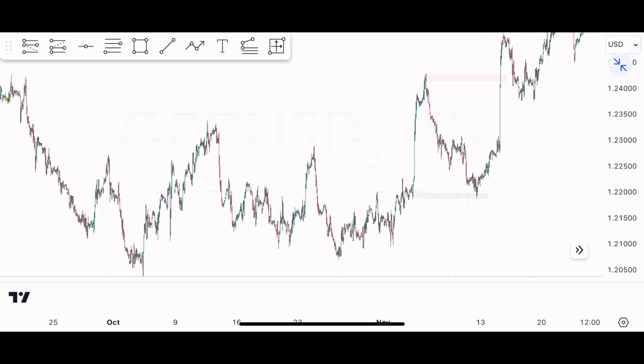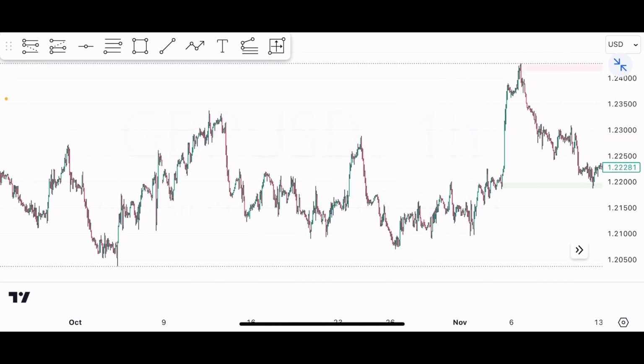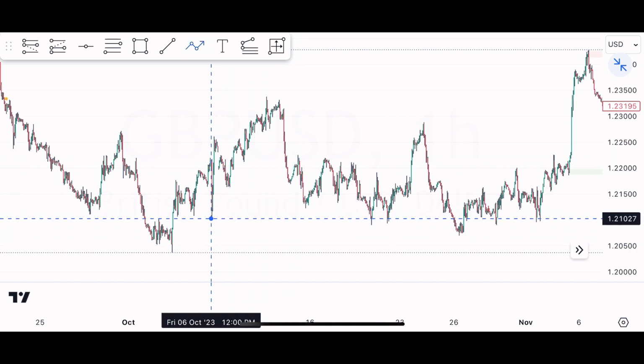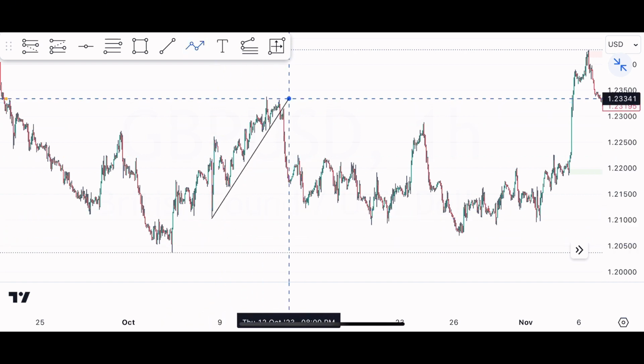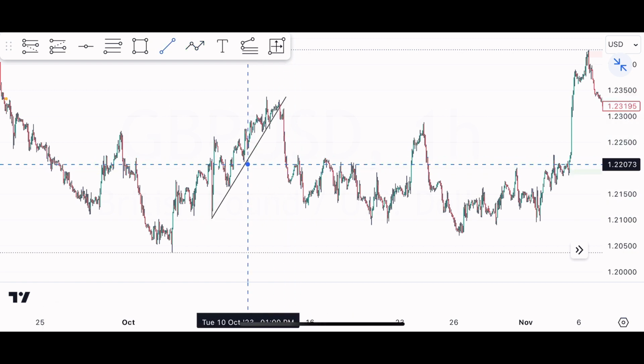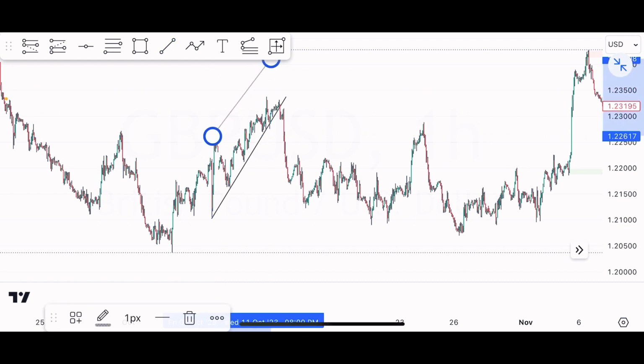Let's talk about consolidation and contraction. So contraction, yeah, this is a perfect example for contraction. See how price was going up in this uptrend, and then now if you were to draw a parallel trend line, it would be like this.